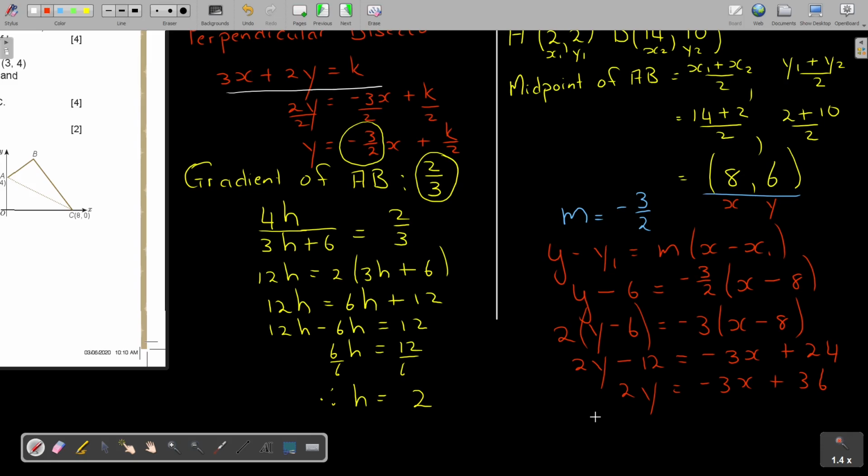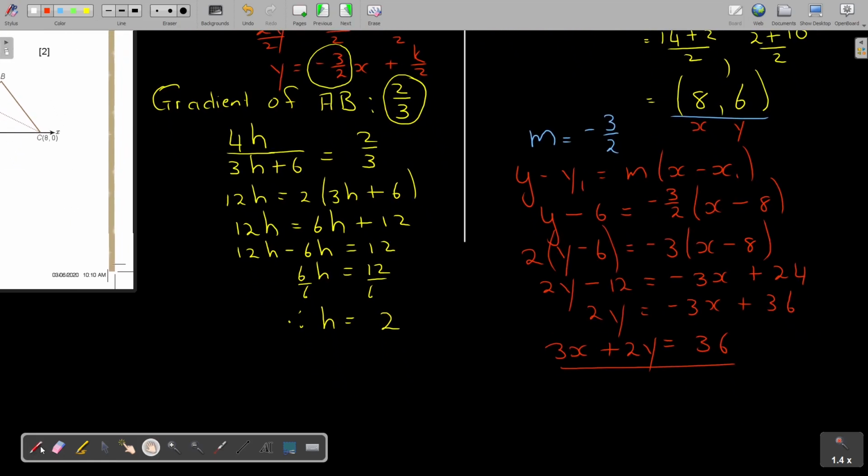I take the 3x to this side. There is the 2y and there is the 36. Can you see now it's exactly the same? So out of that, I can say therefore k equals 36. And that's your final answer. And that's how you do number 1.